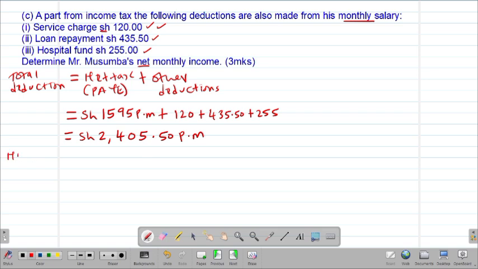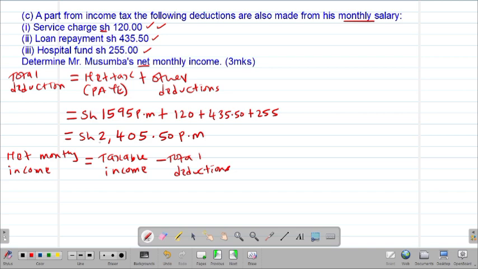Therefore, to get the net monthly income or the net monthly salary or the net monthly pay, we simply take the taxable income, then of course minus the total deductions. Now notice that our total deduction is in shillings per month. So that means we need a taxable income that is in shillings per month.